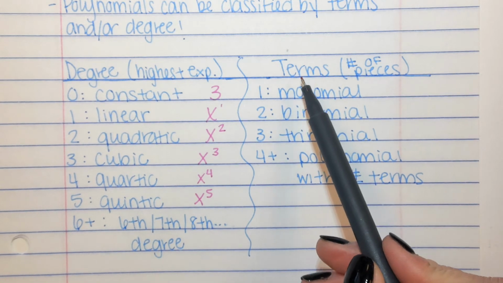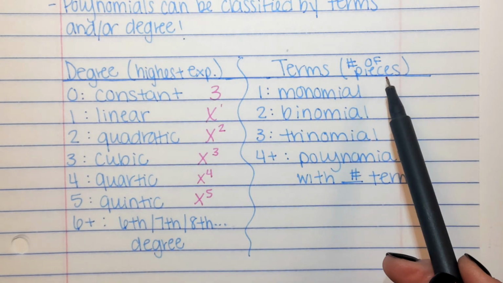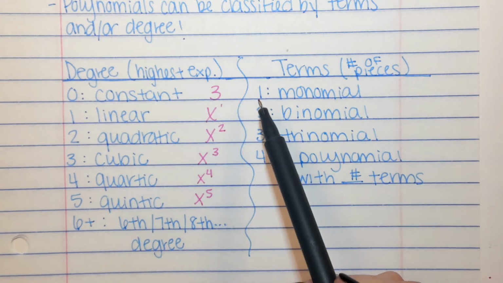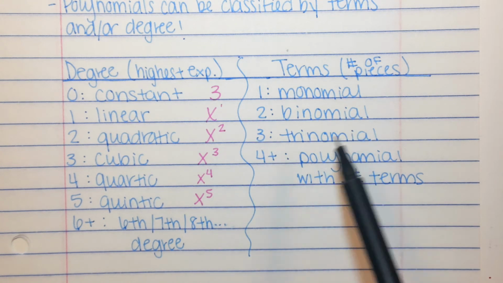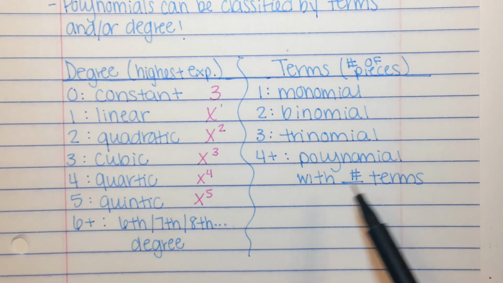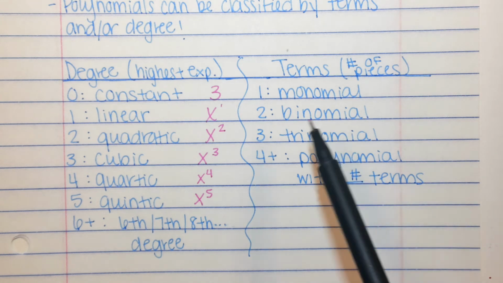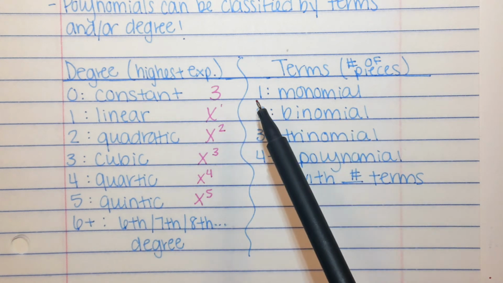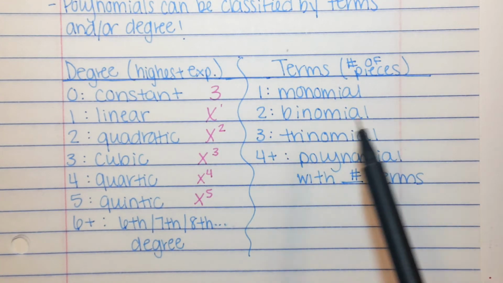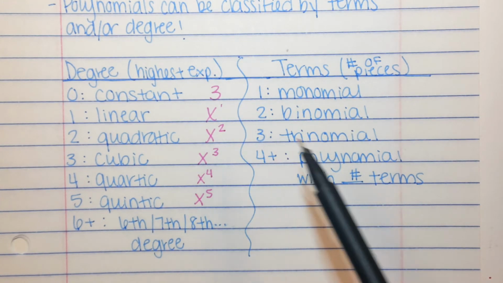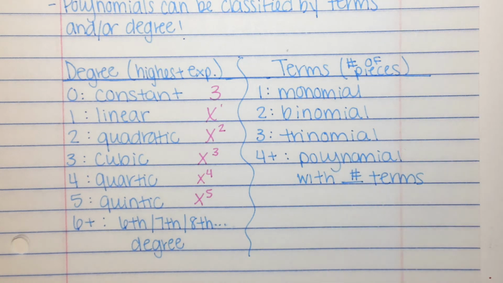Then you can name them by term. That's the number of pieces separated by plus and minus signs. 1 is a monomial, 2 is a binomial, 3 is a trinomial, and for 4 or more, you just say a polynomial with that number of terms. These are usually pretty easy to remember because the prefix mono means 1, bi means 2, like bicycle, tri is 3 like tricycle, and for 4 or more, we don't have a special name.